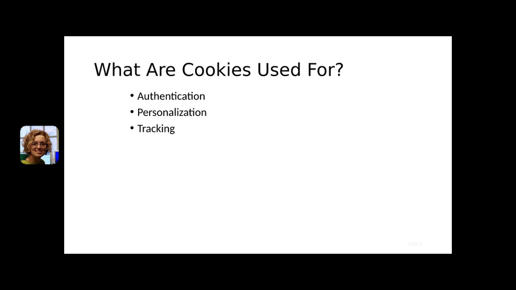We use them for personalization, to help the website recognize the user from a previous visit and use their personalized settings. And of course, for tracking, to follow the user from site to site, learn his or her browsing behavior, preferences, and so on.